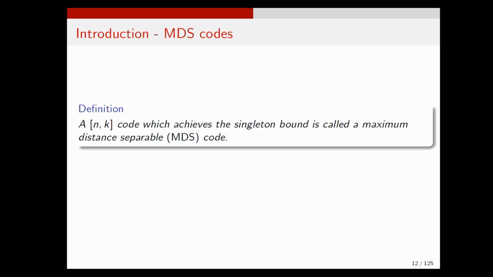So any n comma k code which achieves the singleton bound is called maximum distance separable, in short MDS code. And there are two ways to describe this. One way is by saying any n minus k cross n minus k minor in H is non-zero. That's because we want to guarantee that there is no code word supported on n minus k things.